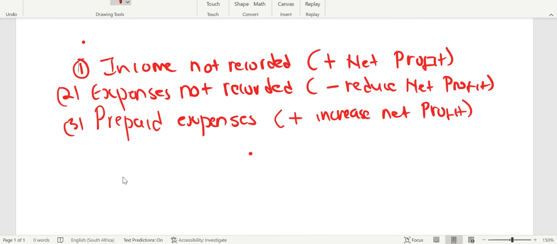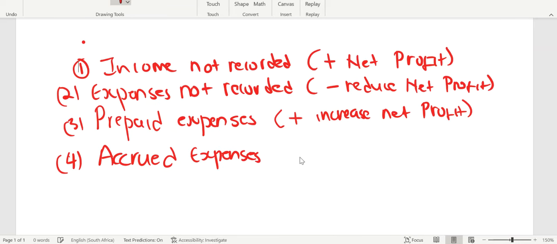And then number four, when you have accrued expenses, you are supposed to reduce net profit.